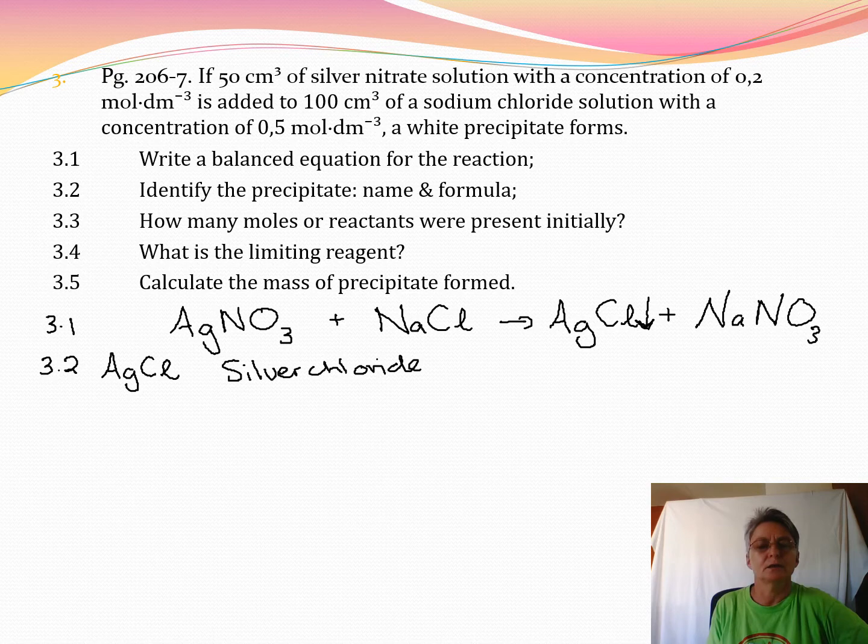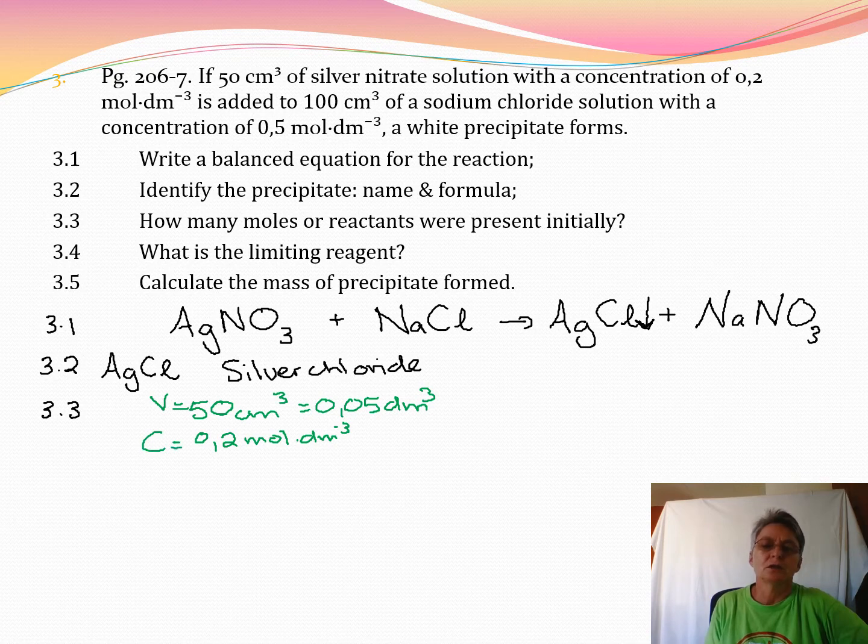Both were required. 3.3, how many moles of reactants are present initially? So initially we start off with 50 cubic centimeters with a concentration of 0.2 mole per cubic decimeter. So this volume must be changed to cubic decimeters, 0.05. You have to divide by 1,000.